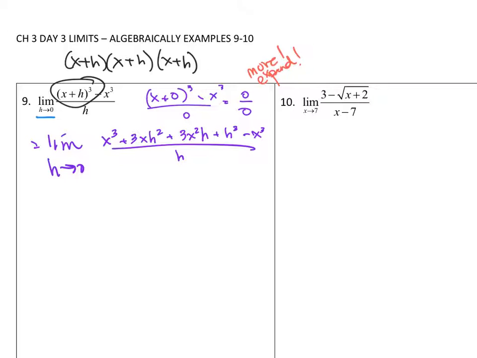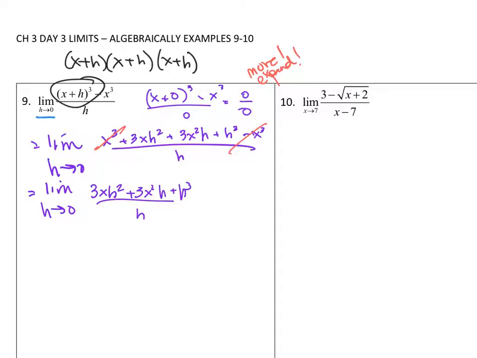So in this particular case, if you notice, the x cubes go to 0. So then we have this to take the limit of and to do some more simplifying with. So we have the limit as h goes to 0 of the 3xh squared plus the 3x squared h plus the h cubed all over h.